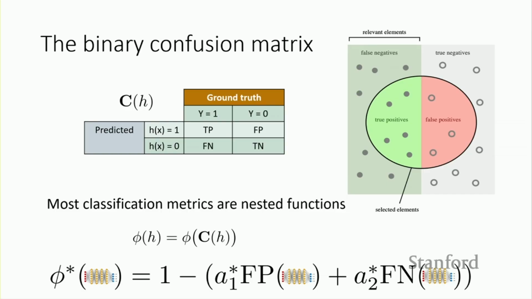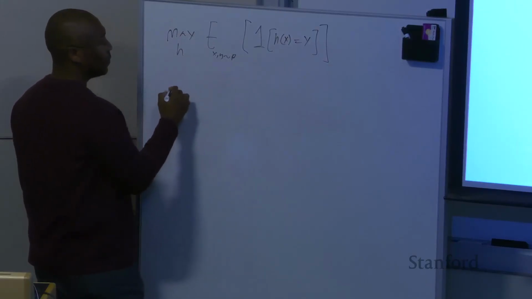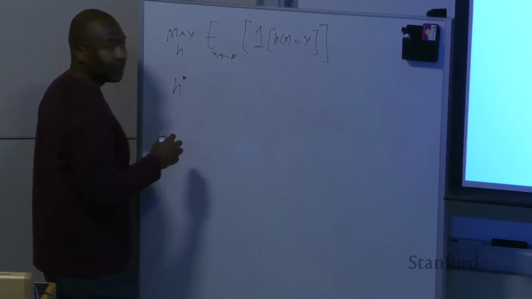If I'm interested in the best classifier that maximizes the expected value over my data, x, y, think of this as the accuracy, the indicator h of x equals y. If I know my distribution, does anyone know what the optimal classifier is?